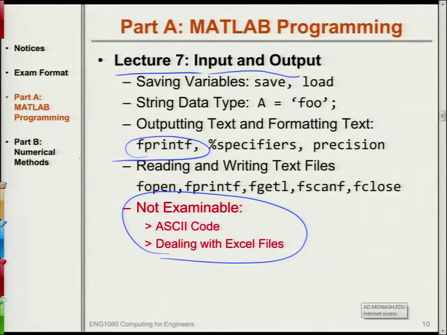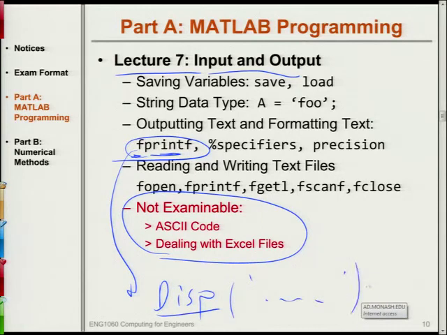This fprintf is formatted printout. The difference between fprintf and display is that display shows something, which can be text or a number, and you just directly display what is inside the single quotes.